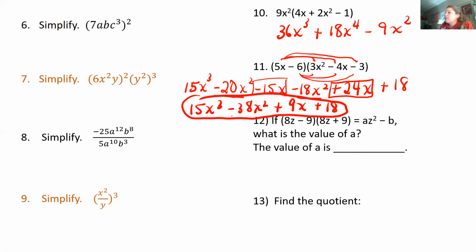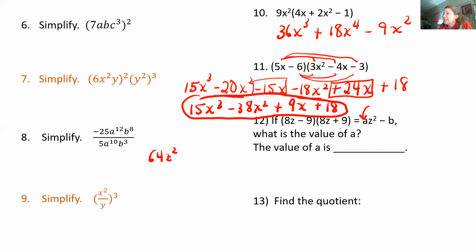All right, now let's look at number 12. It says, if this times this equals az squared minus b, what is the value of a? Okay, so basically we're just foiling this and we're going to see what that first either number or coefficient or variable is. So we have 8z times 8z is 64z squared.